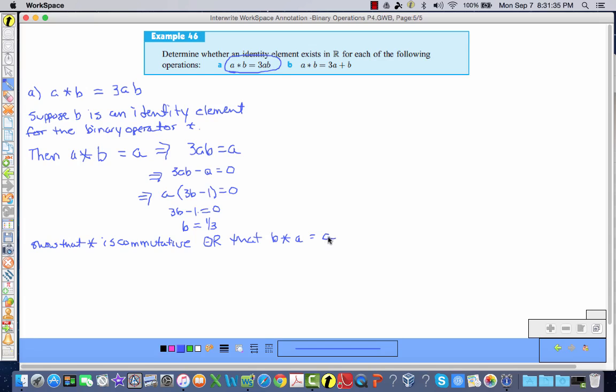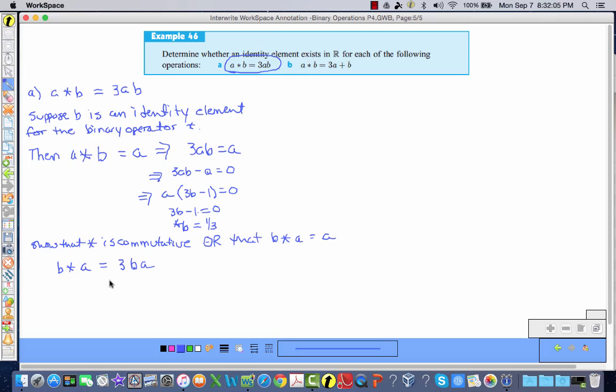Again, you have to think of these as placeholders. By this binary operation, if I have B star A, the A's and the B's switch, then it becomes 3 times B times A, right? Well, we are claiming or hoping that an identity element is 1/3 for this set and this binary operation.